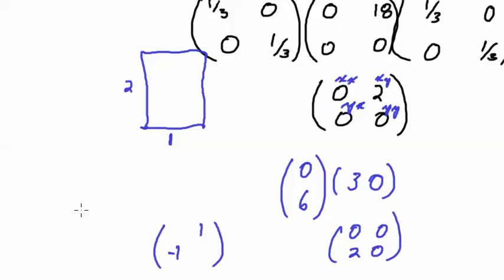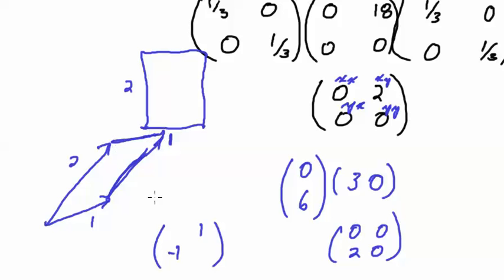So even if I had said 1, 2, and then converted and used the Levi-Civita symbol, I would find the area of the associated parallelogram. I'm sorry, I should be more clear.